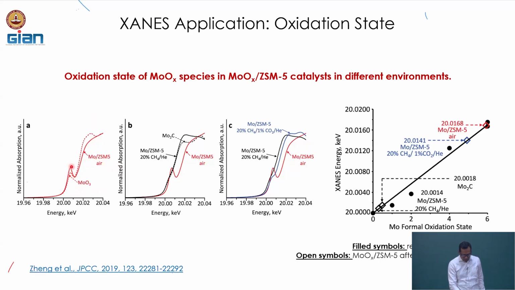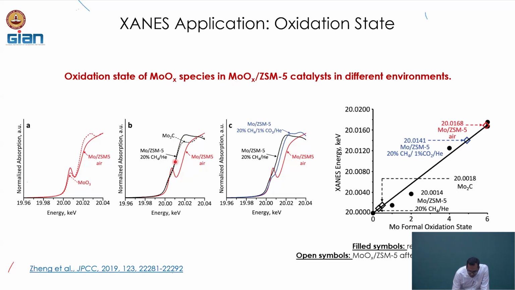But now we are taking that moly on ZSM5 catalyst and doing a treatment. That moly on ZSM5 in air has a strong pre-edge peak, and then we expose it to a condition of 20% methane in helium, because this catalyst is used for methane dehydroaromatization. Methane comes, reacts on the catalyst and forms benzene, toluene or xylene, and under such conditions the oxygen from the catalyst is taken up, some carbon is left behind, and we will see that some oxycarbide type of structure is formed.